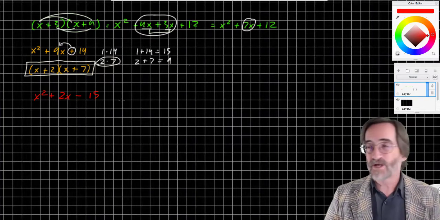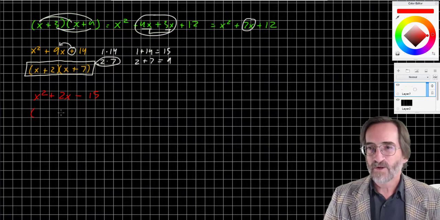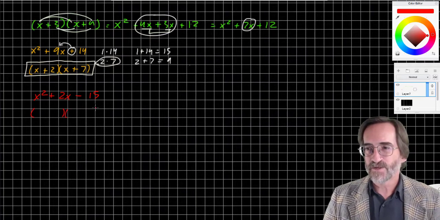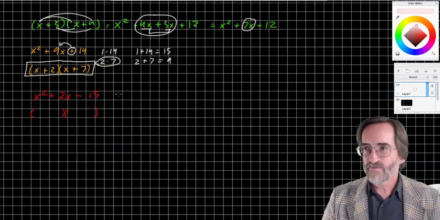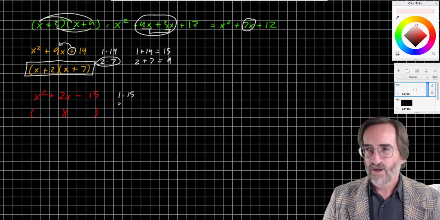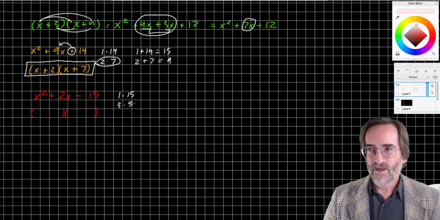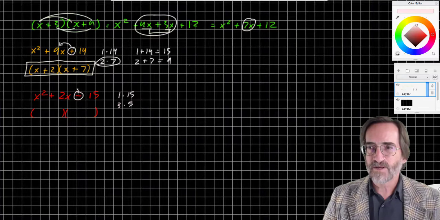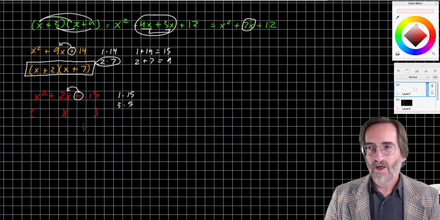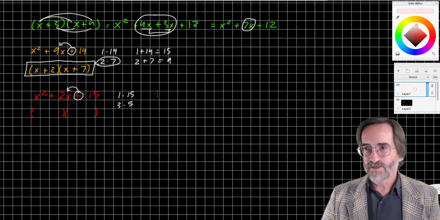Now you notice this time I have a minus, so I'm going to write two sets of parentheses, just like before. And I'm going to think of factors of 15. 1 times 15, 2 doesn't go. 3 times 5, 4 no, 5, it's already there. So that's all the factors. Now I need to think of factors of 15 whose difference is 2.